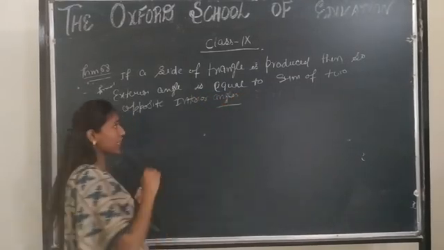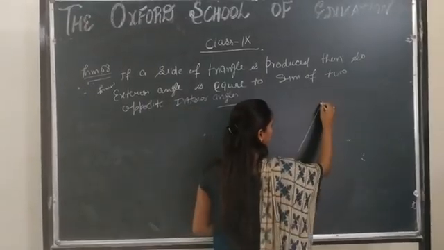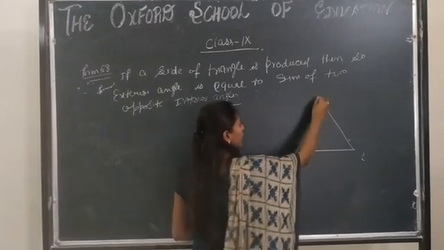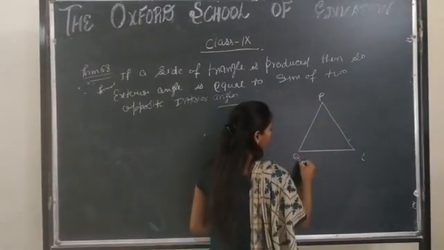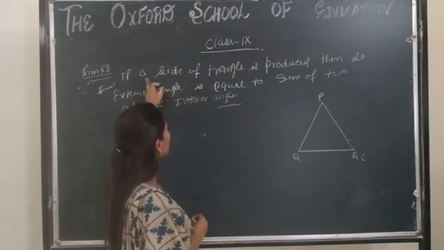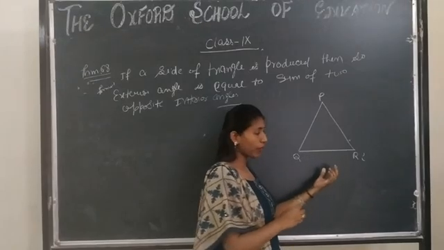Let us understand the statement with the help of diagram. Name it as PQR. So, the theorem says that if a side of triangle is produced, so we will produce one side of triangle.